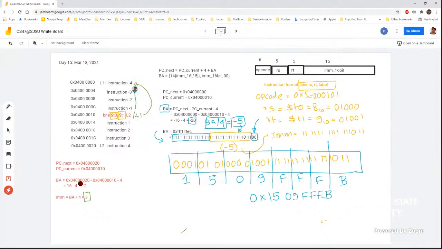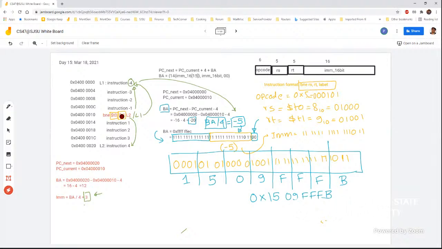It is -4, and for that we calculated -5. If it was L2, it was an instruction 4 away, but the immediate was calculated to be 3. So we can actually do a very shortcut method just by counting the number of instructions.